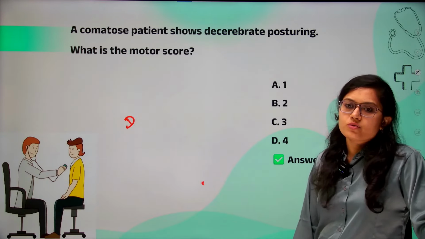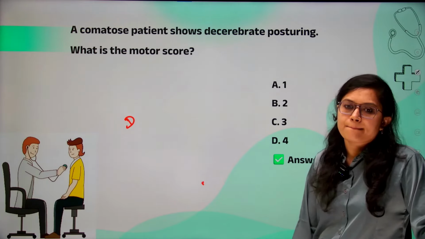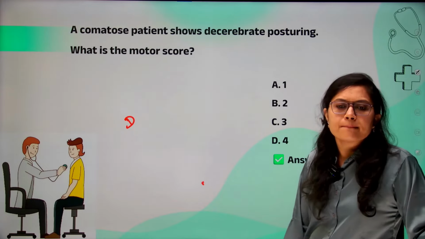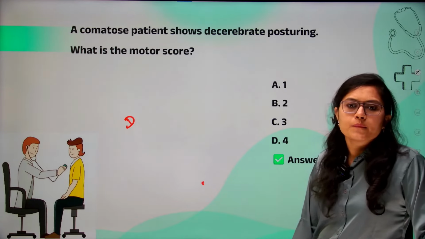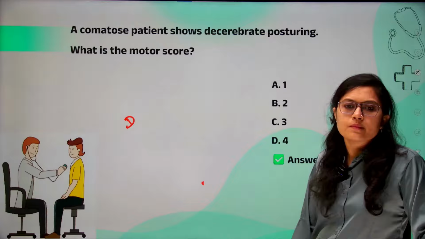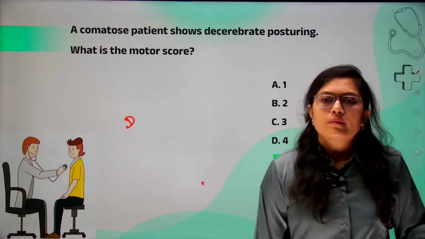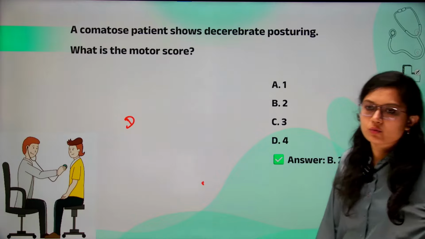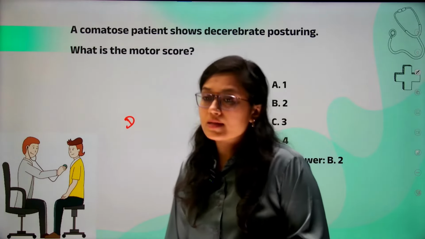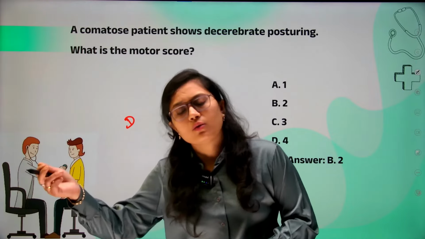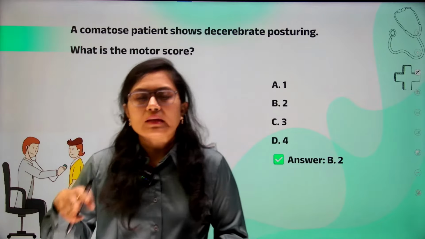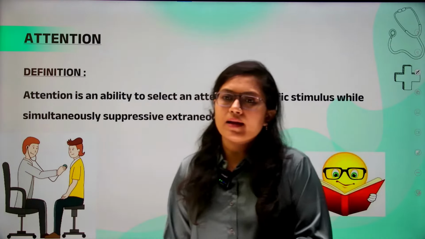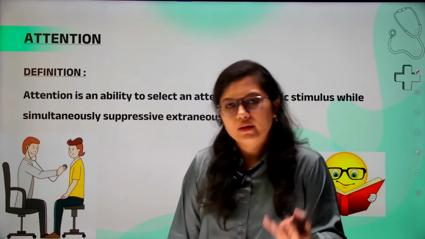Which particular motor score? 2. Yes, correct, Dhruv. That is grade 2 because it is a decerebrate posture. Grade 3 is decorticate posture. If I had asked you about decorticate, it would be 3.